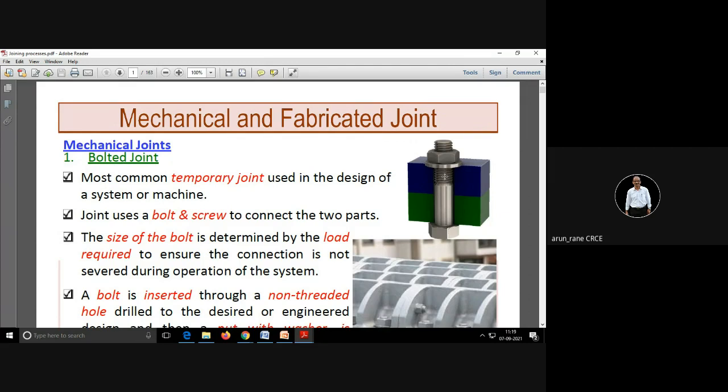So 10 mm is the diameter of this bolt and 1 mm is the pitch. Pitch is nothing but the distance between two consecutive crests or troughs, or technically the pitch is defined as the distance moved in one revolution.